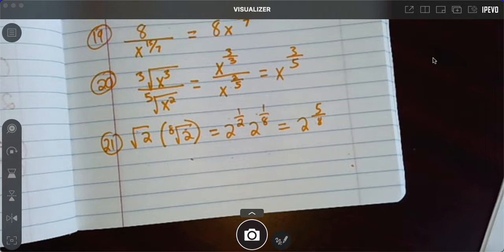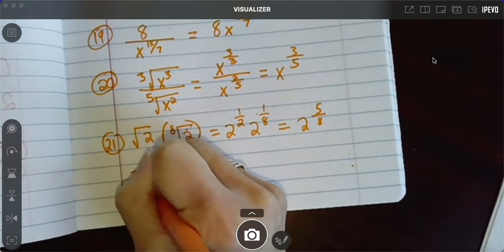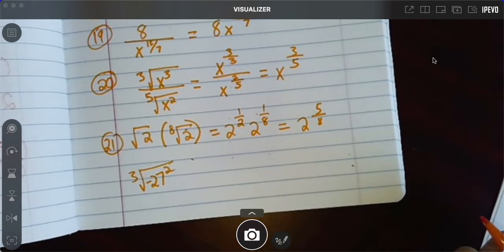Number 23, the same thing. Did y'all just put that one in your calculator? Basically, they're just saying the cube root of -27 squared, and you would do that in your calculator as well. Either way, number 23, you get A. Everybody's good with that. Moving into 24, there is one like this on the test.